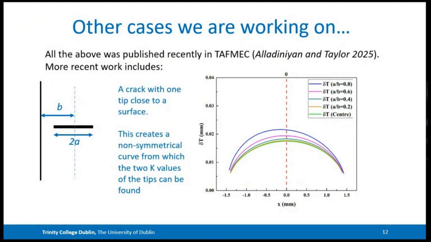And that will lead to a slight asymmetry in the crack profile, where it's sort of shifted a little bit over to the left, as A over B here, 0.8 being when the crack is closest to the surface. And we can predict that easily enough because it's just now two Westergaard equations, right? Or the same Westergaard equation with two different constants overlapping each other. So we can deal with that.